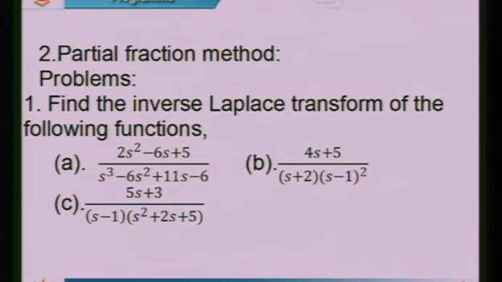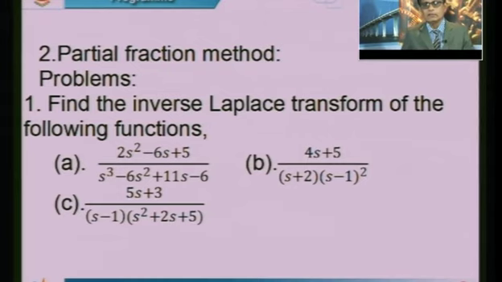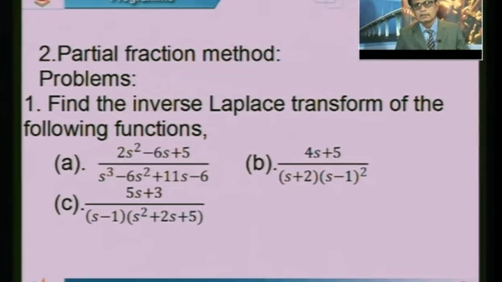One of the conditions is that the degree of the numerator is less than the degree of the denominator, and the denominator is a product of linear factors or repeated linear factors or quadratic or repeated quadratic. Then you are going to use the partial fractions method.